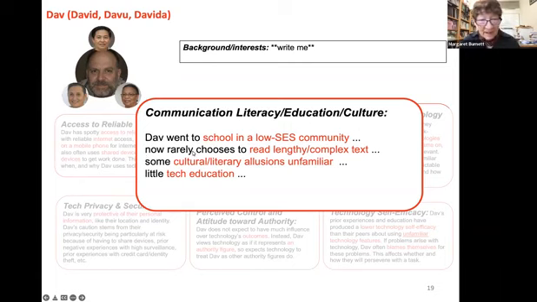Now, as an adult, Dav rarely chooses to read lengthy and complex text. Some cultural and literary allusions that show up in various documents that perhaps give instructions are unfamiliar to Dav, and Dav did not get much tech education in the under-resourced school that Dav attended.